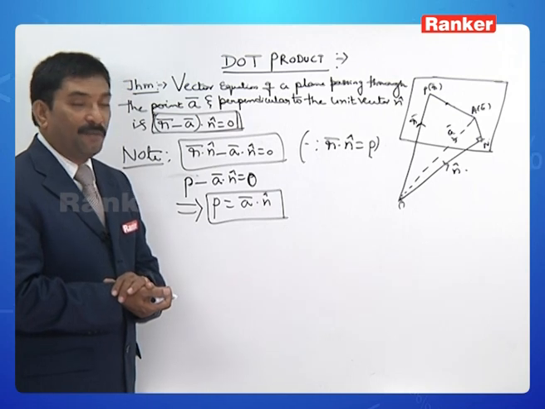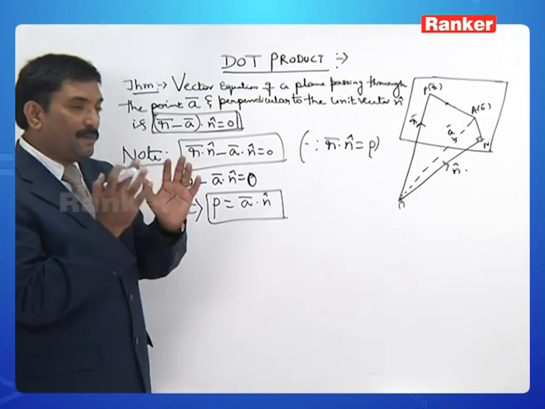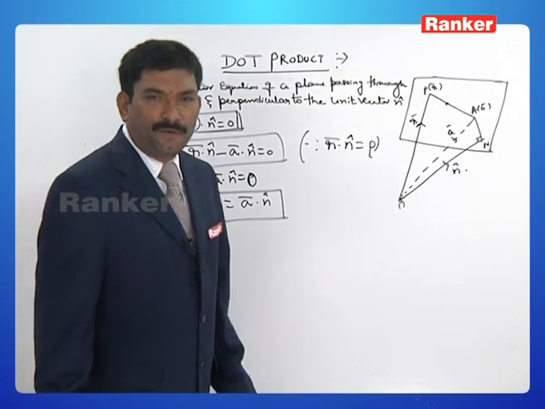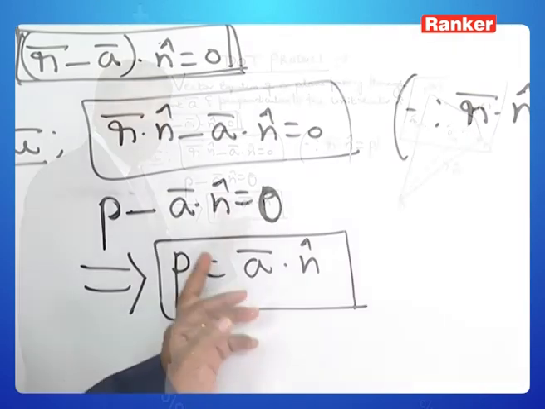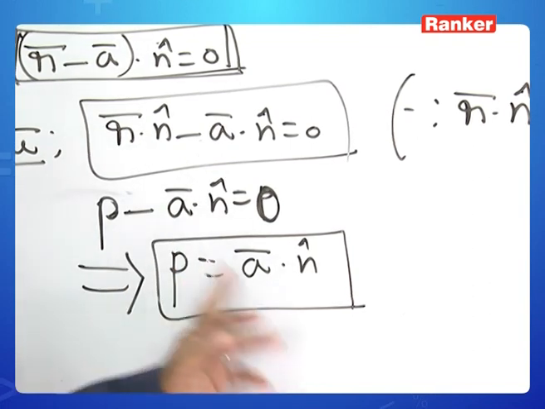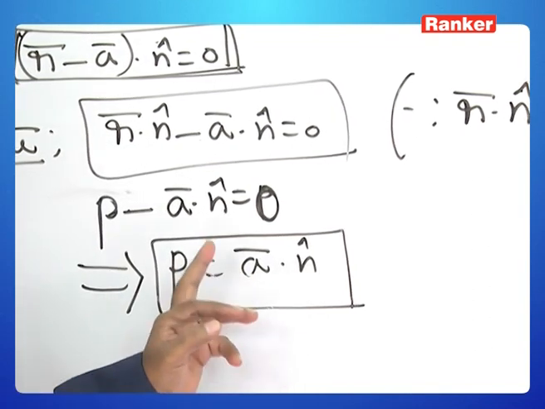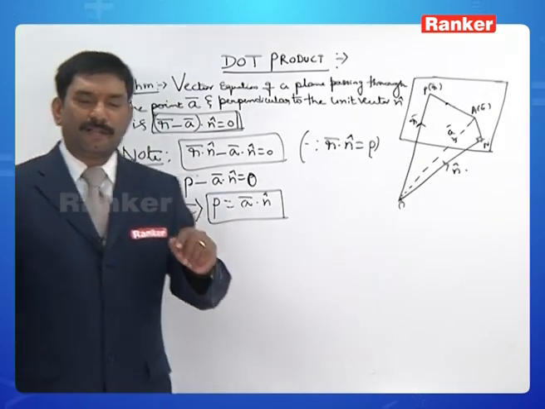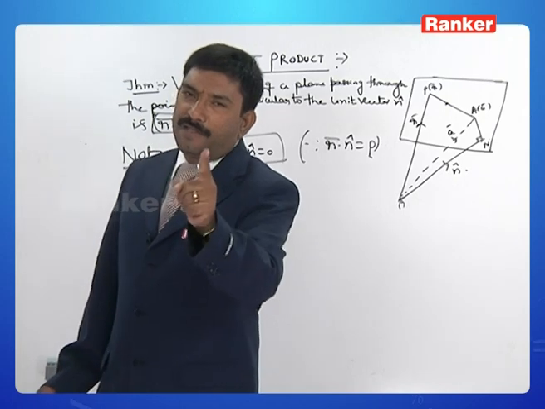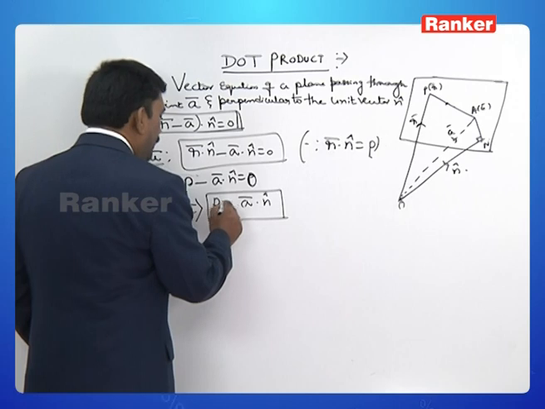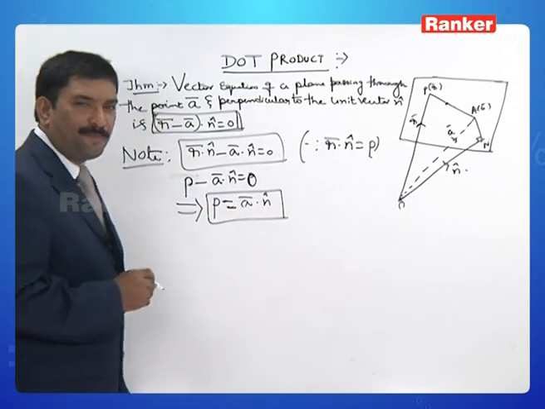One must guess, one must understand, one must see logically that context. Followed. So P is the perpendicular distance from the origin to the plane, that plane passing through the point A bar and perpendicular to the unit vector N cap, is given by the dot product between point A bar and unit vector N cap. That is, P is equal to A bar dot N cap.